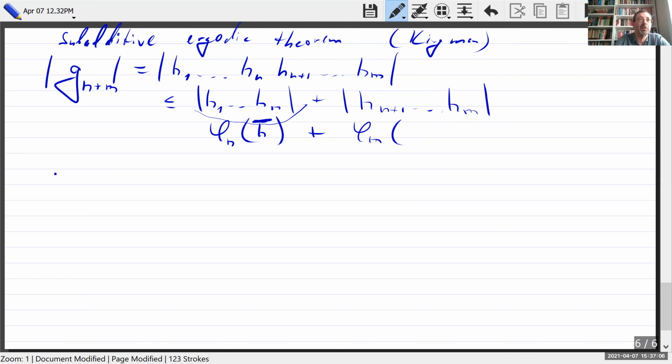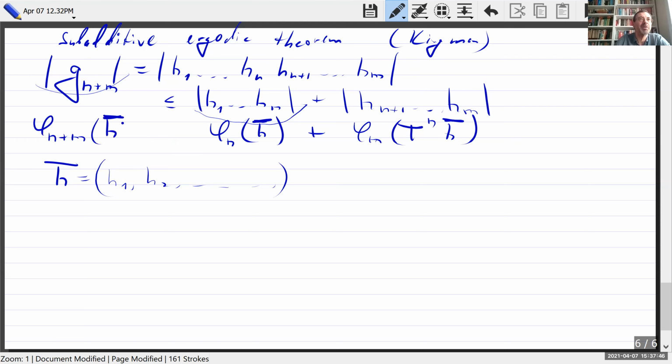So h is just the sequence h1, h2, and so on, the sequence of increments. Here I'm evaluating this function at the shifted sequence, shifted by n times. In other words, on the left, in terms of this system of functions, I have nothing but the function f(n+m) evaluated at my sequence h bar.